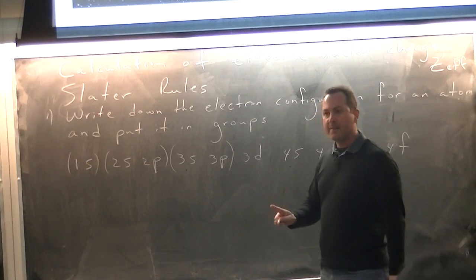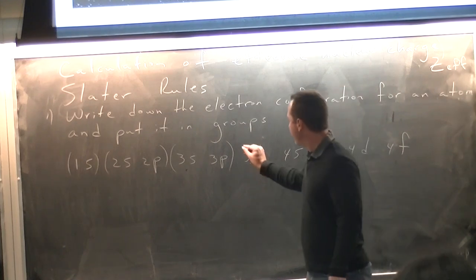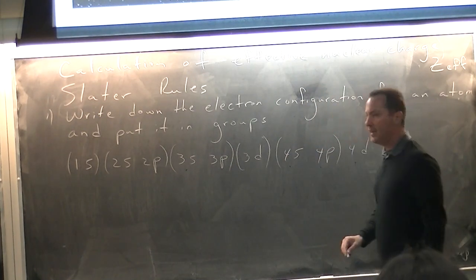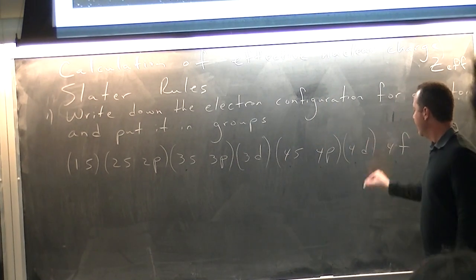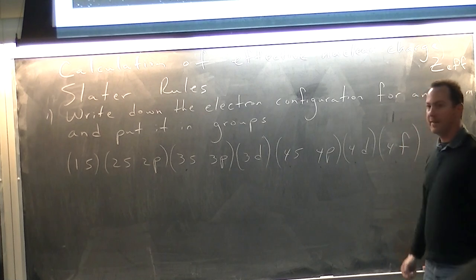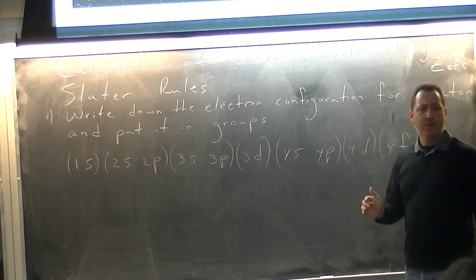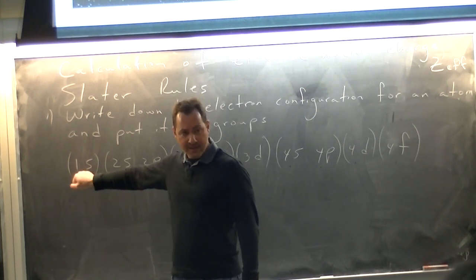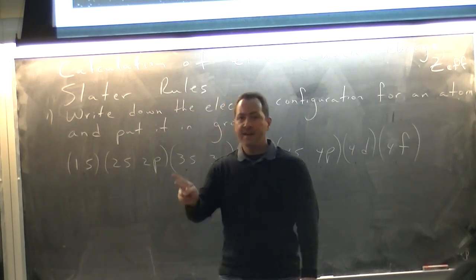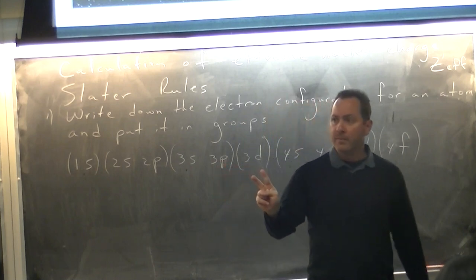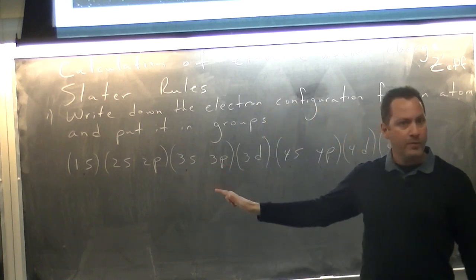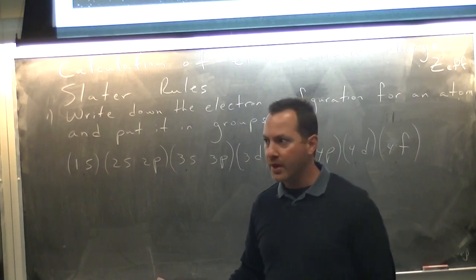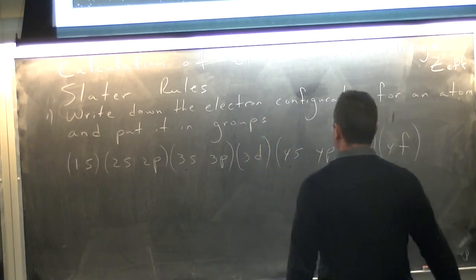The d's and the f's are in a specific group, so the 3d is a single group, the 4s and 4p are together, 4d is by itself, and 4f is by itself. So the only thing that you have to remember is that the 1s is in its own group, the s and p's are always together, and d's and f's have their own group. If you memorize that, you should be okay. And that is the first rule.